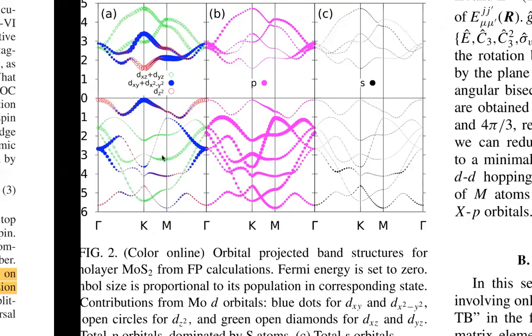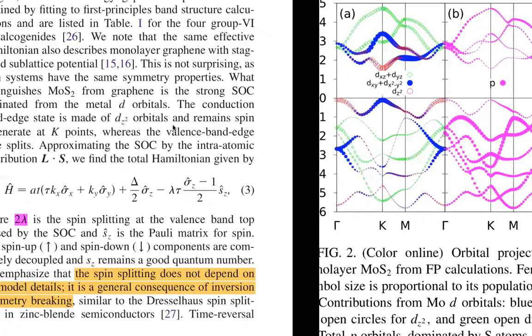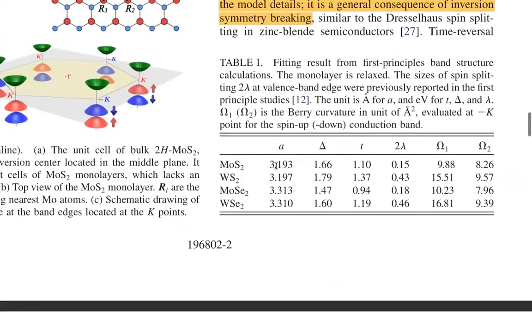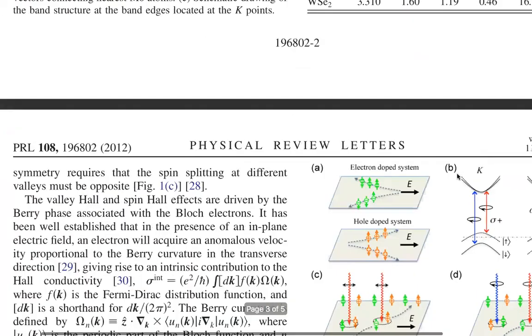Then they use it to fit this and extract the parameters. This is the result that they fit. They get an A, probably the lattice constant, and then they extract the T from the DFT. Then they extract the lambda, and then they extract the band gap, and these are the Berry curvature at the K or K prime points. So that is basically what we did.